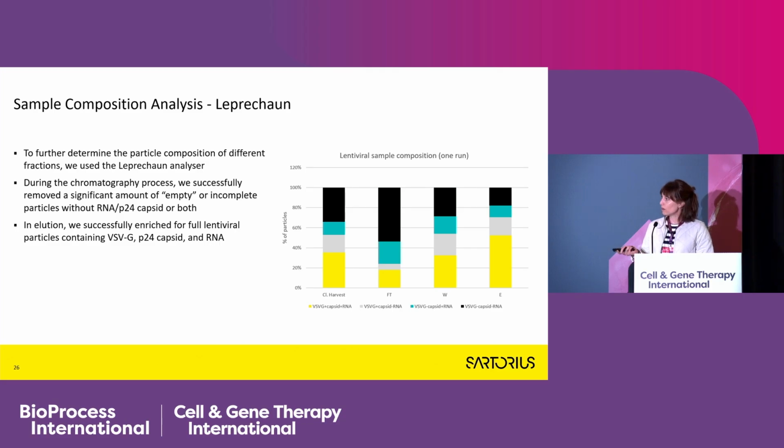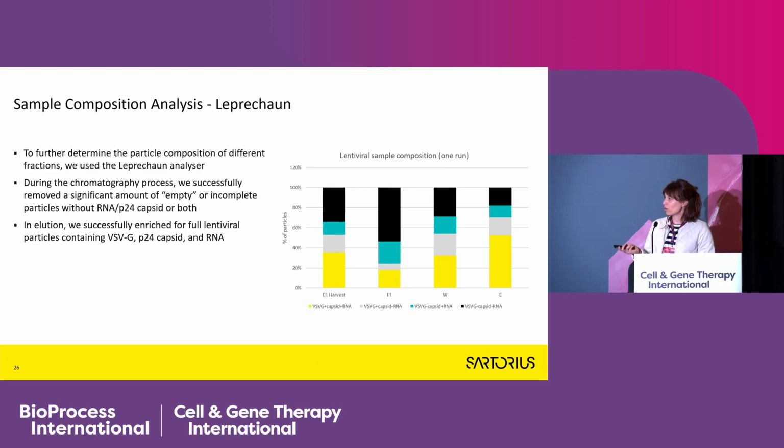And if all 3 components are present, you can see such particles colored in yellow on this graph. And if any of these 3 components is missing, then basically the particle is either black, blue, or gray.